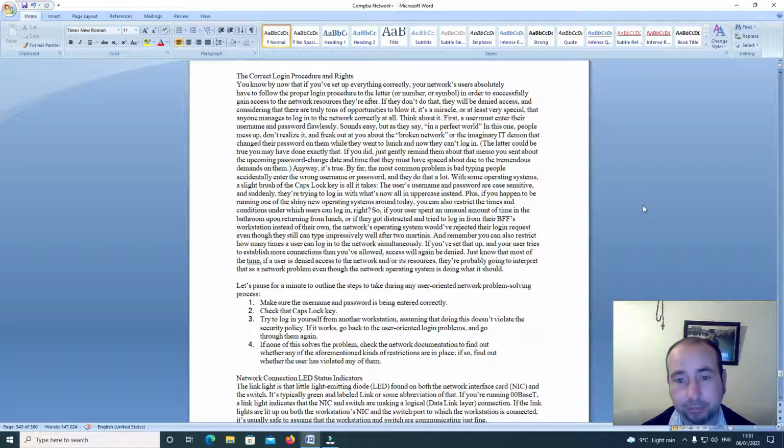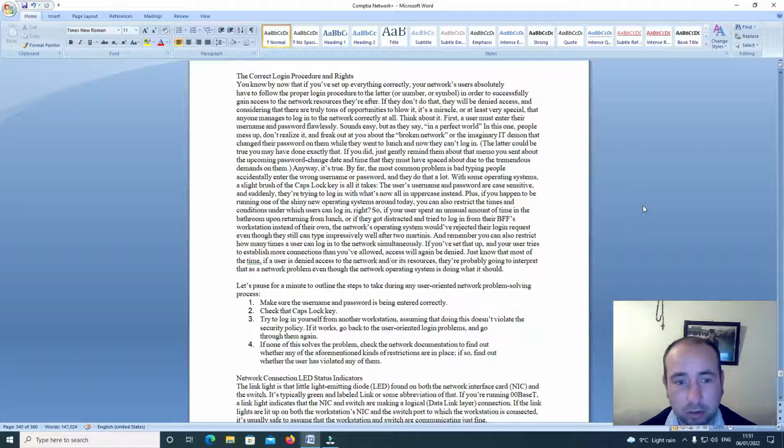Think about it. First, a user must enter their username and password flawlessly. Sounds easy, but as they say, in a perfect world. In this one, people mess up, don't realize it, and freak out at you about the broken network or the imaginary IT demon that changed their password on them while they were at lunch and now they can't log in.